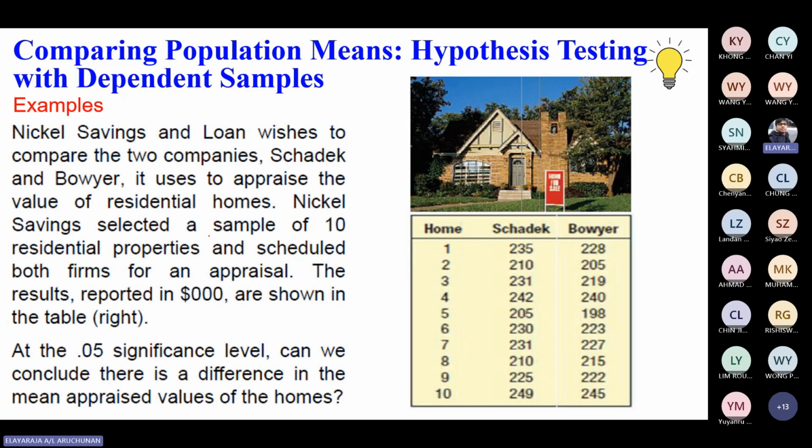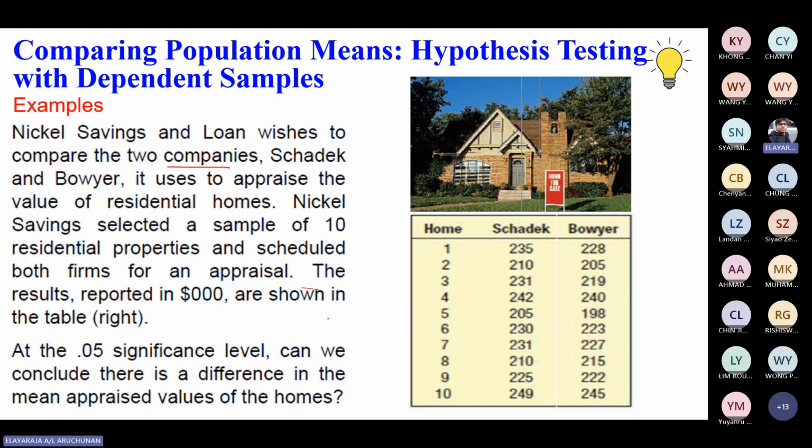Take a look at this example, related to the dependent samples t-test. Nickel Savings and Loan wishes to compare two companies, Schadek and Bowyer, which are used to appraise the value of residential homes. Ten residential properties are given, and both firms are scheduled for the appraisal, with results reported in hundred thousands.